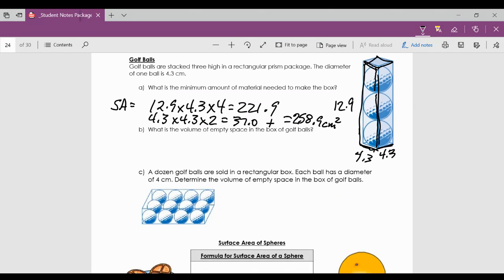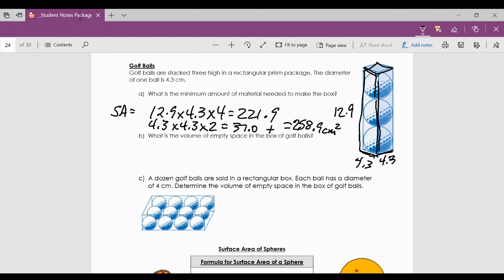Let's look at the next one. What is the volume of empty space in the box of golf balls? So if I calculate the volume of the box, then the volume of the 3 golf balls, and subtract the 2, I'll find the volume of the empty space. So let's calculate the volume of the box. Volume of the box is equal to the three dimensions of the box multiplied together.